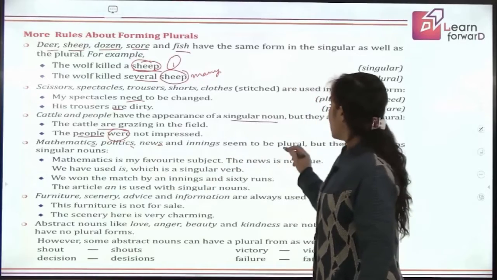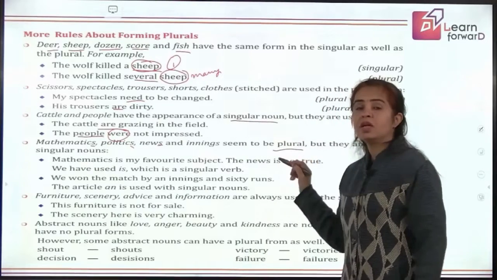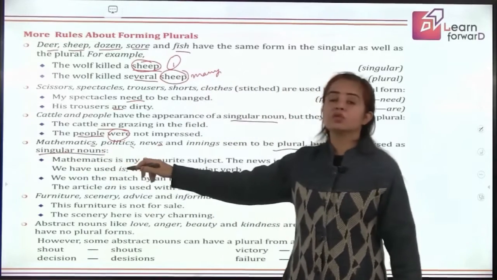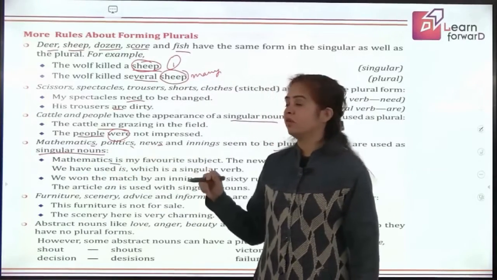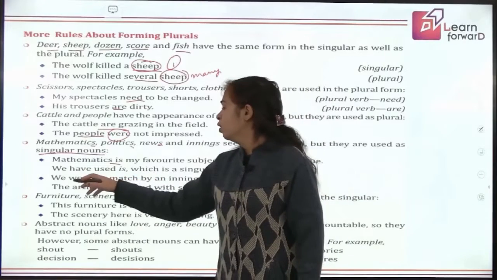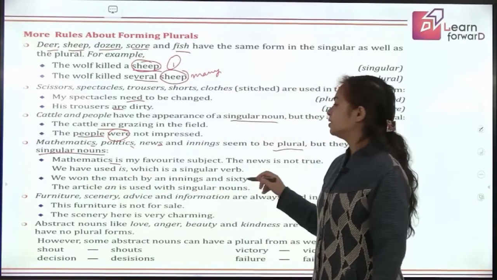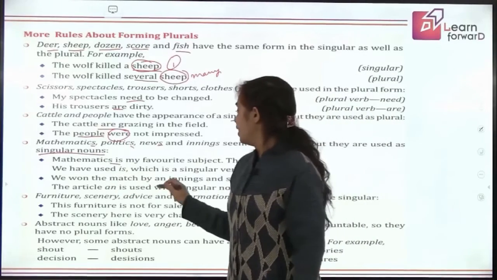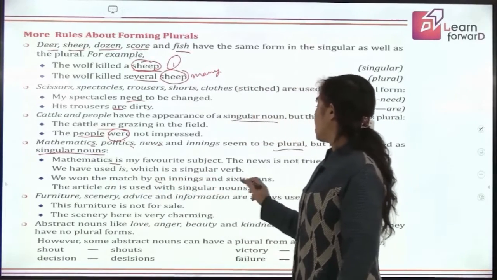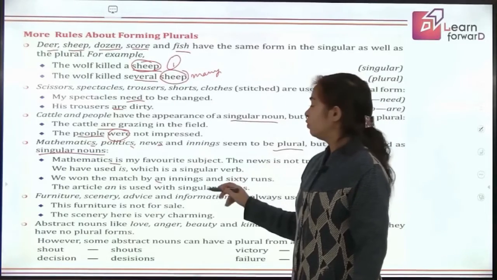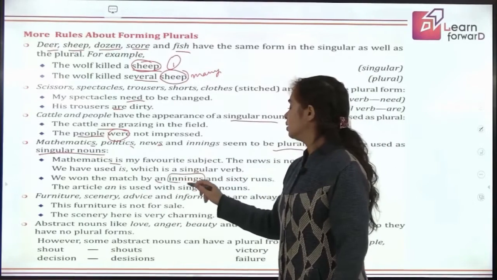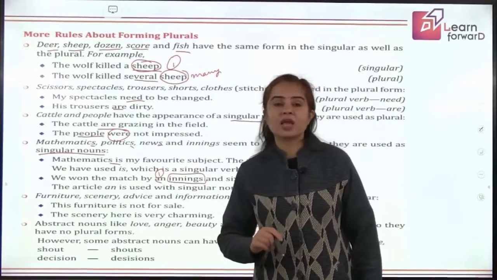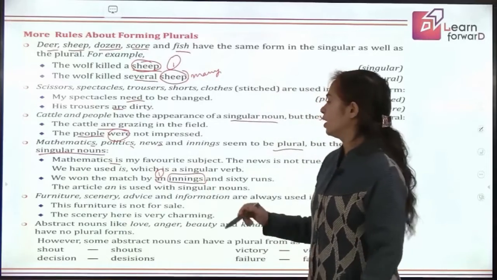So these appear to be plural, but they are always used as singular nouns. So we say mathematics is my favorite subject, and we won the match by an innings and 60 runs. Here an is used with innings as well as 60. This an means one. So innings is also used as a singular noun here, not as plural.